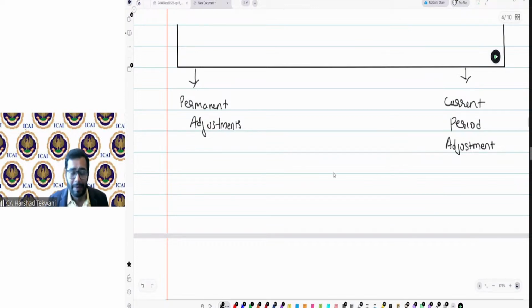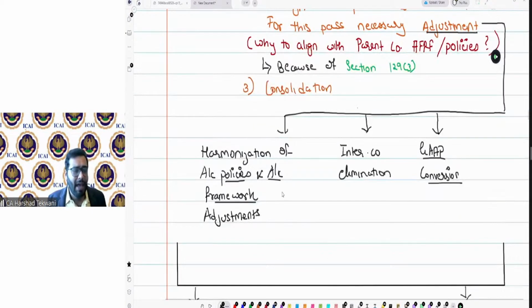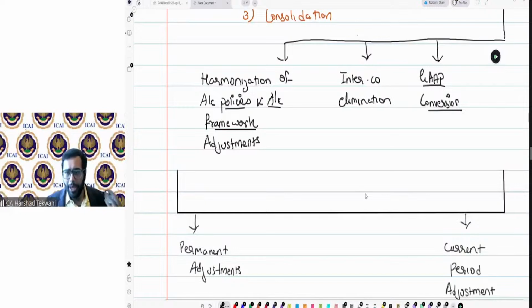Okay, current period adjustment. Now the question is why we are learning about the adjustments. The foremost reason for learning about the adjustments is understanding how the consolidation happens, because once you understand the process of consolidation, you will be able to understand how to audit that.